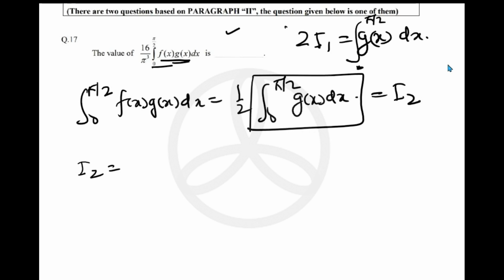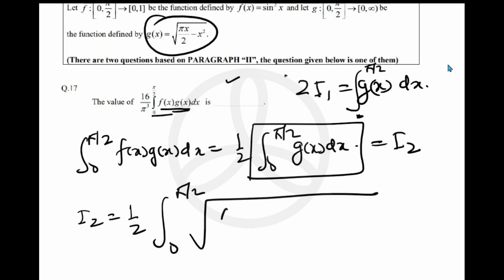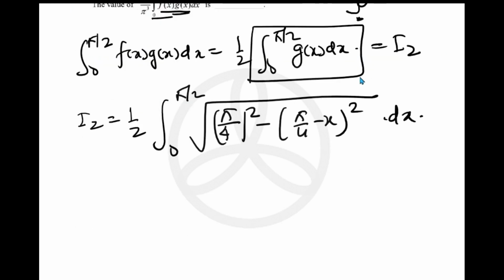I2 is half of the integral from 0 to pi, and we take g(x) from here, and I will put in the one trick or assumption that we used in the last question. This is what we have to compute. It's quite simple. What I'll do in this case is assume pi by 4 minus x as pi by 4 sin theta.